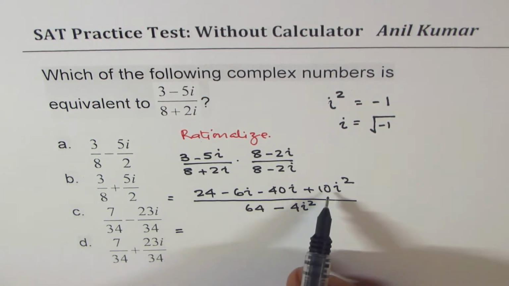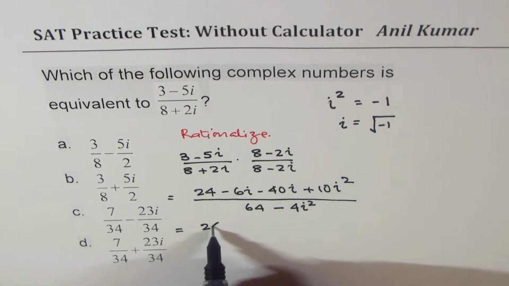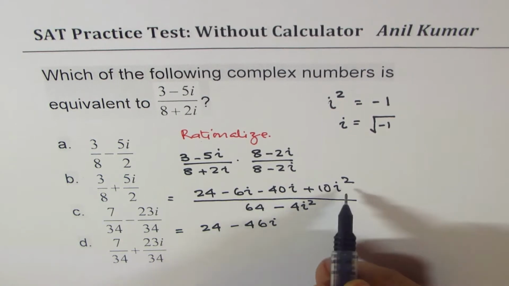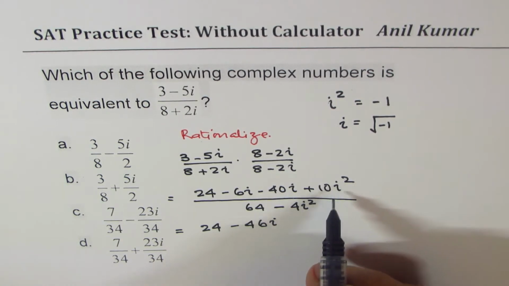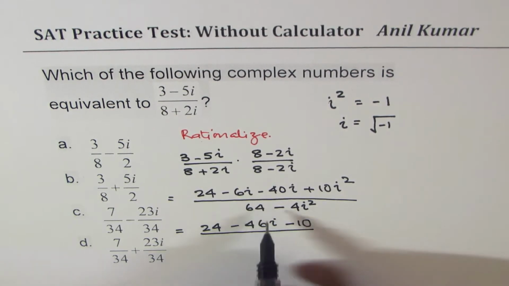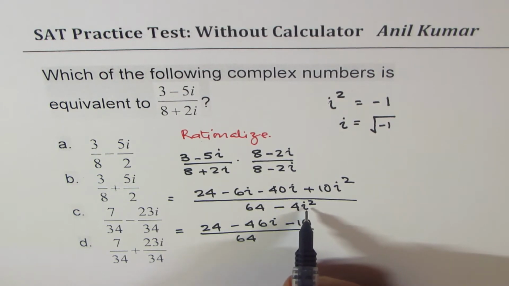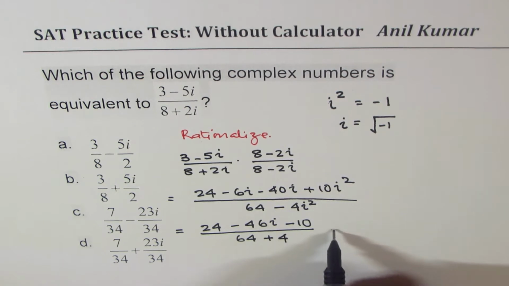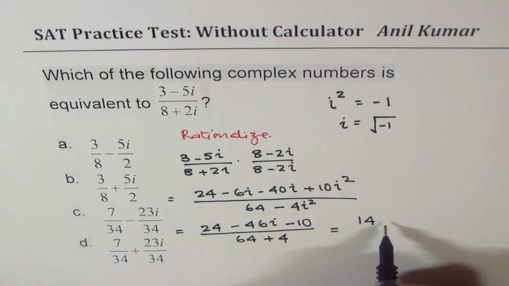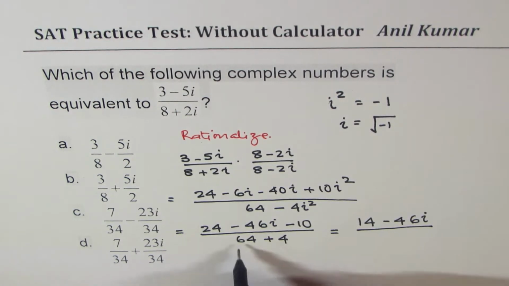Now we combine the like terms. We have 6i and 40i, which makes it minus 46i. Now i square is -1, so the 10i square becomes minus 10. The denominator is 64, and minus and minus makes it positive, so we have plus 4. This can now be written as 24 minus 10, which is 14, minus 46i, divided by 68.